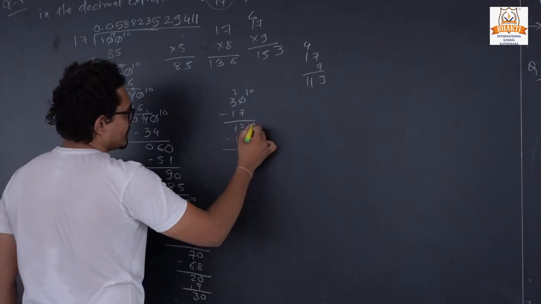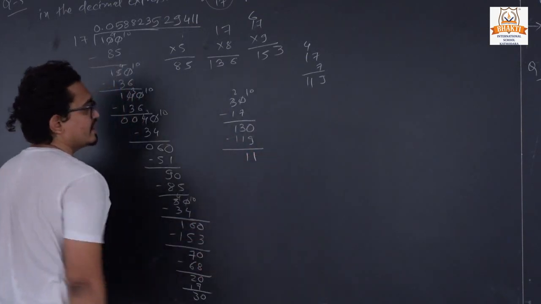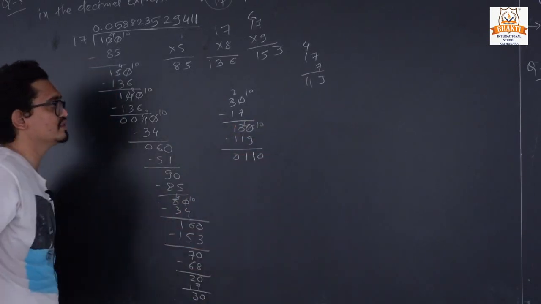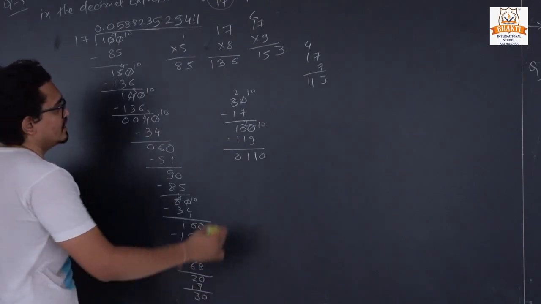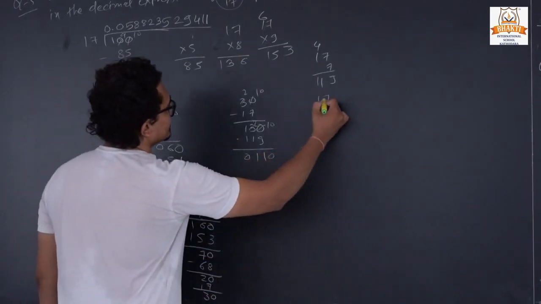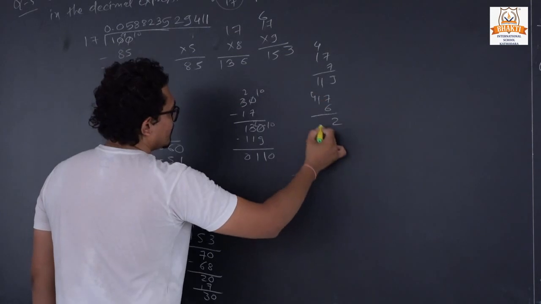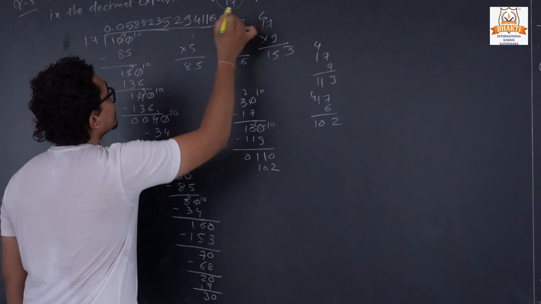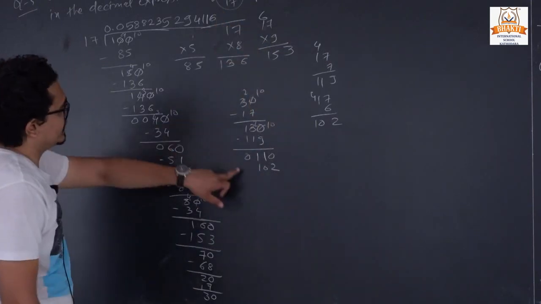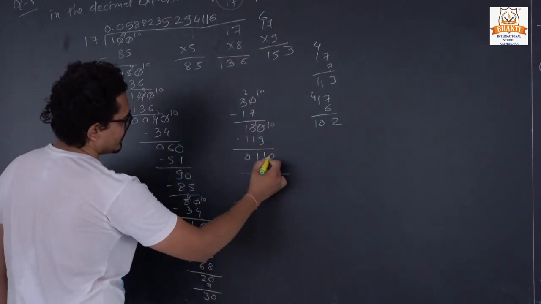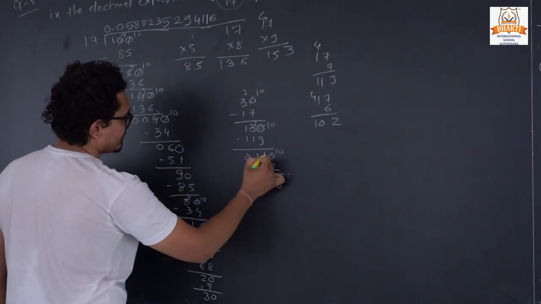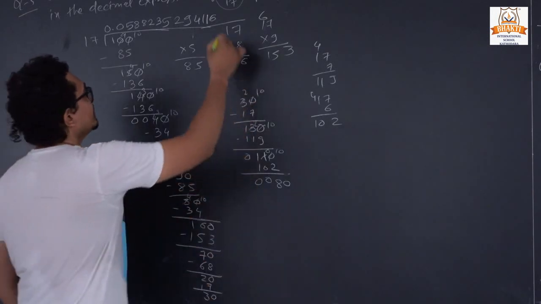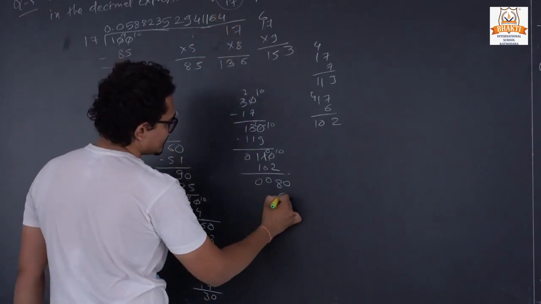So now here we have 11 as our remainder. Once again we will put 0. So 110. So it will be 17 6s are 102. Now next, here 10, so 8 is our remainder. Once again we will put 0. 17 4s are 68.